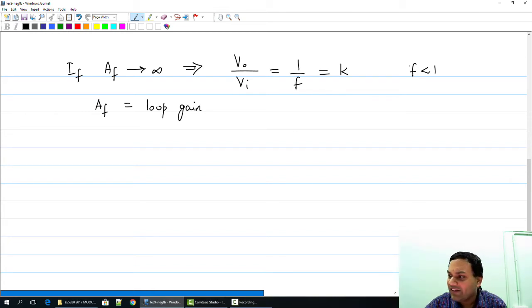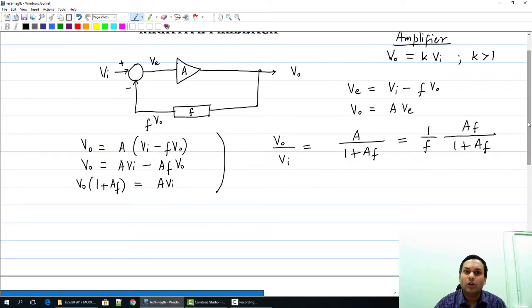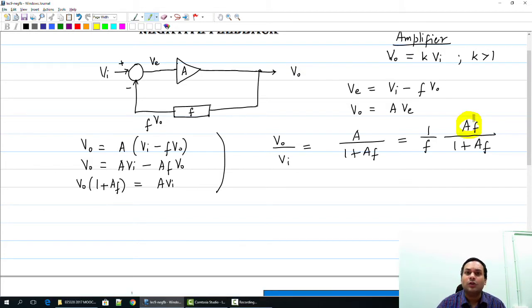Even though you might have studied earlier that you want A to be as large as possible, which is true, you will find that the actual quantity that matters for most of your feedback systems is A times F, because it is primarily only when you have A times F much larger than 1 that the quantity that I have circled here goes to 1.